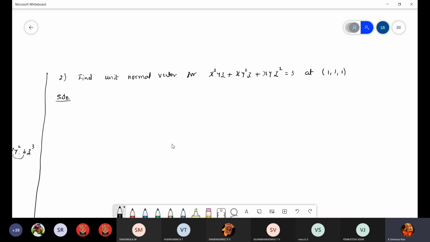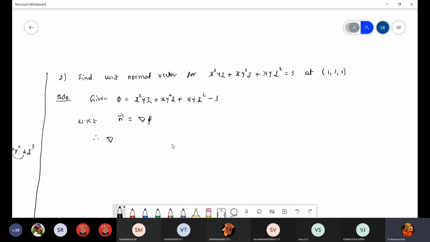Given the same procedure, given phi equals x square yz plus x y square z plus xy z square, take the constant to the left hand side, minus 3. We know that normal vector n is equal to grad phi.